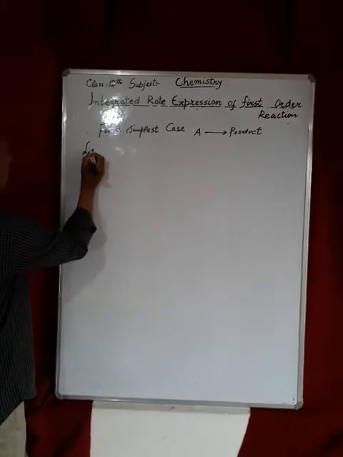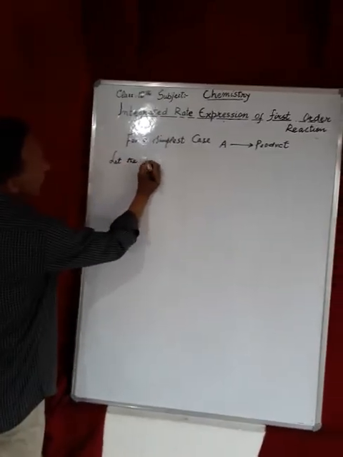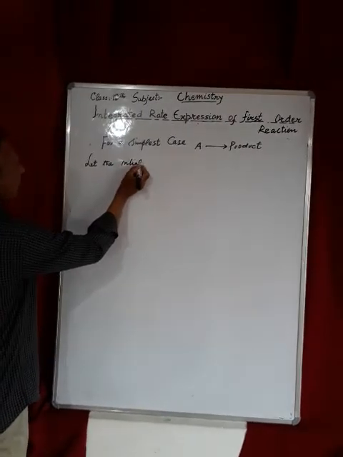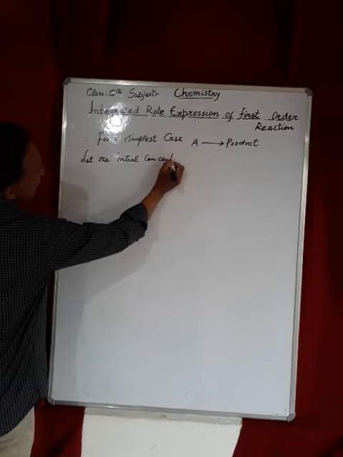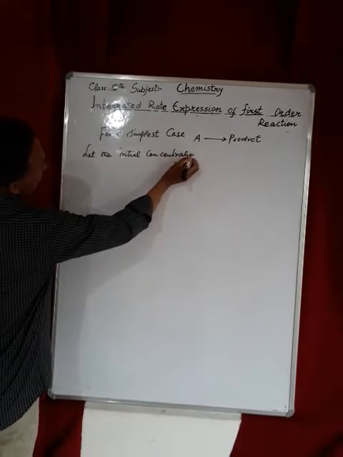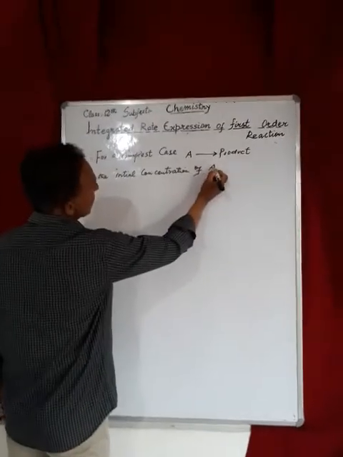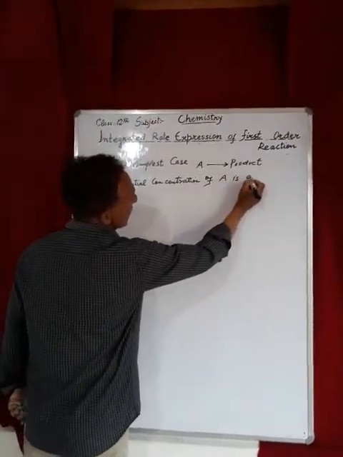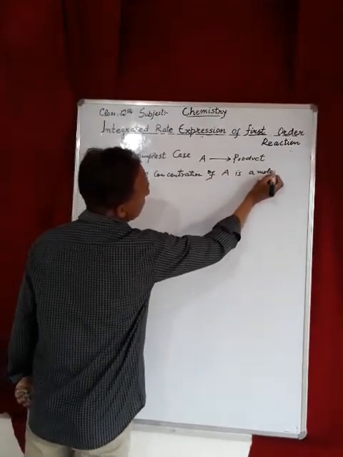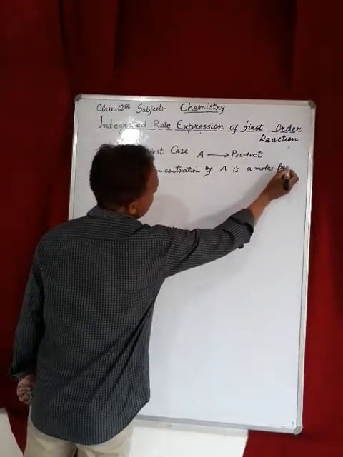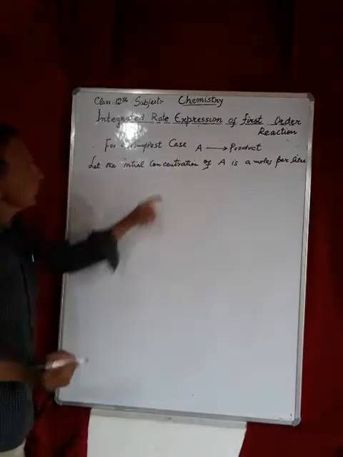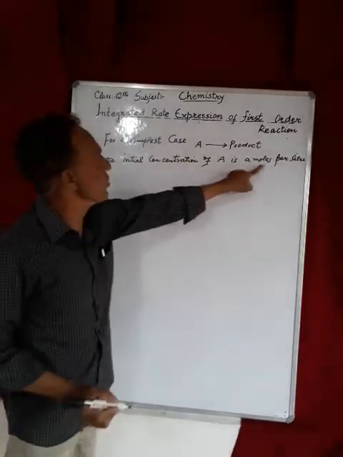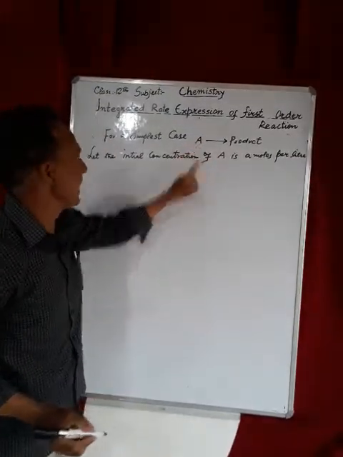Let the initial concentration of A, the substance A, be a moles per liter. So initially we are taking a moles per liter of the reactant A.